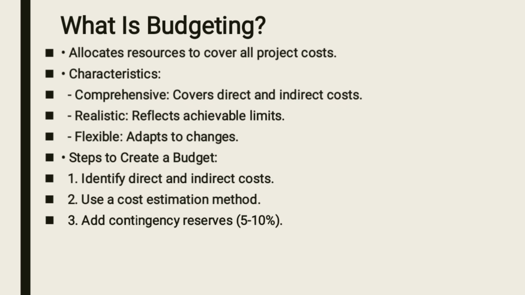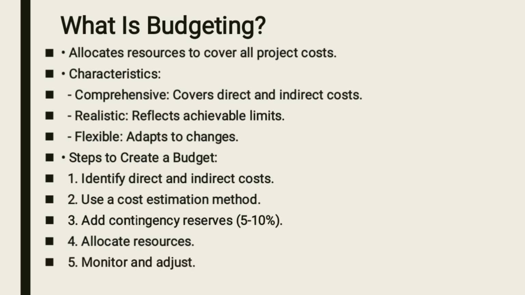That contingency reserve is supposed to be between 5 to 10%. Another one is allocate resources. After doing that, you need to allocate your resources properly. Another one, you should monitor and adjust. In a case where there will be a need for adjustment, you should have time for monitoring, so that you can be able to adjust your budget.